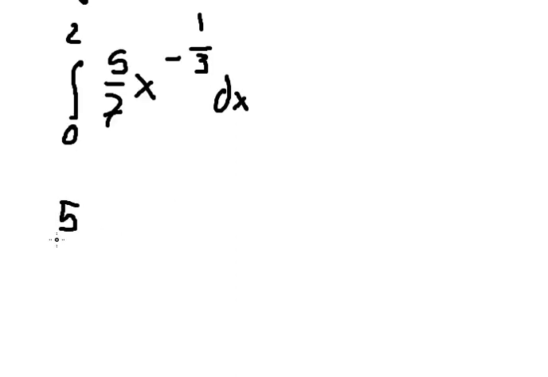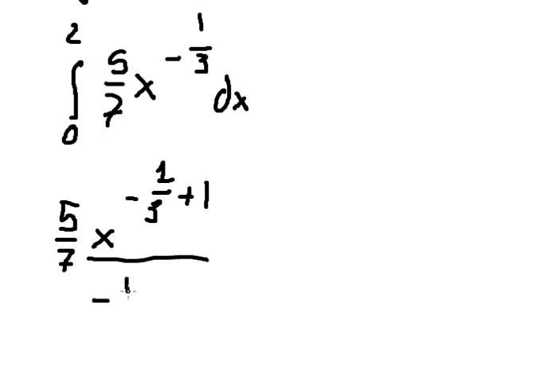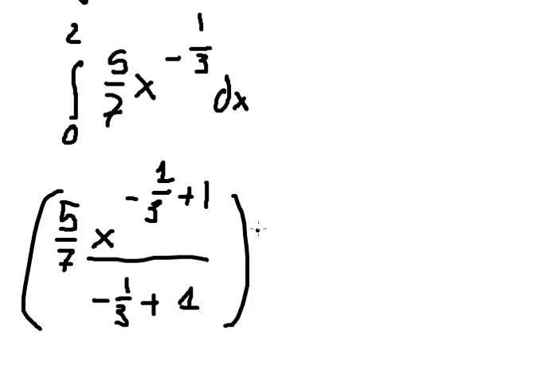So the integration of this one is negative 1 over 3 plus 1, over negative 1 over 3 plus 1. And then we put the bounds from 0 to 2.